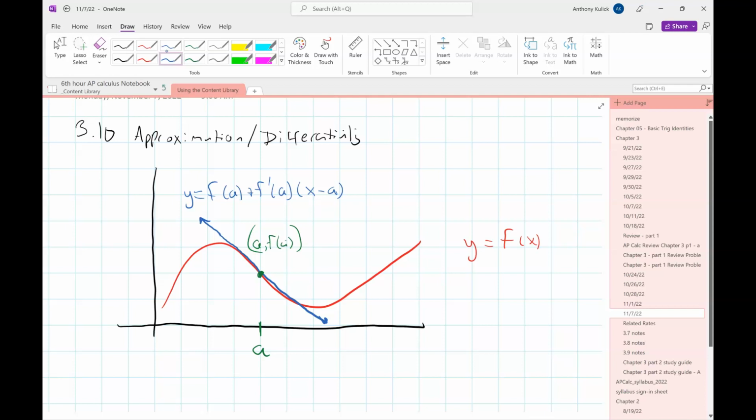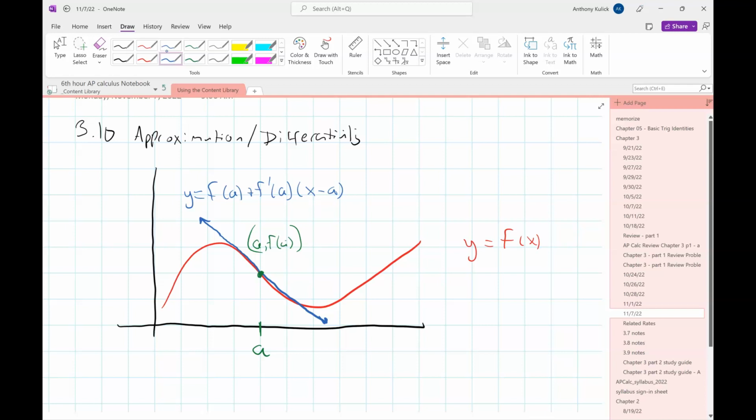That's just the point slope equation for a line rearranged a little bit by adding the y coordinate over to the other side, but that's all that is. That's just the equation for a tangent line, right? Everybody's cool with this?